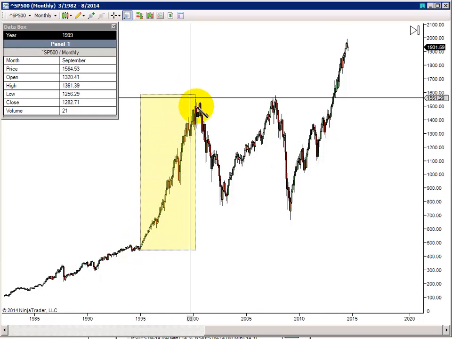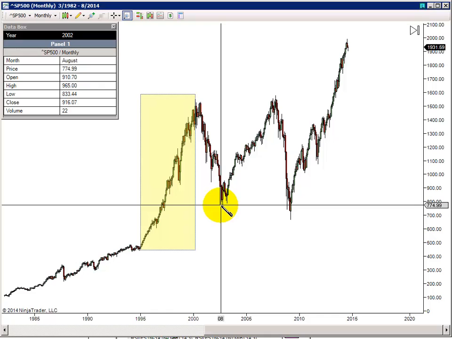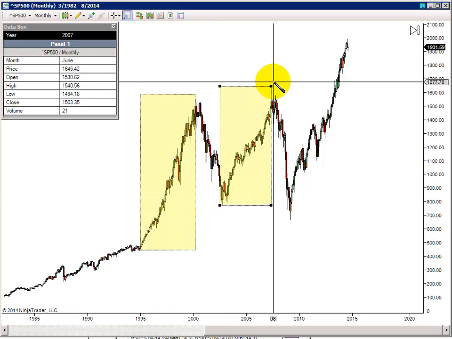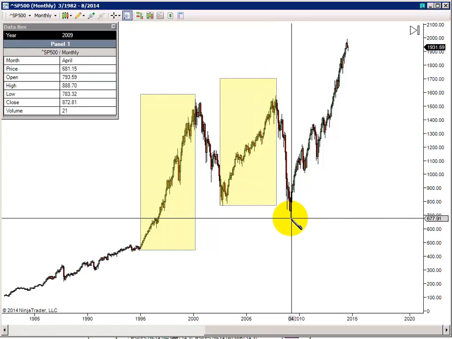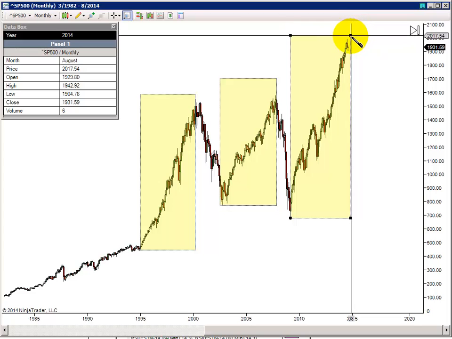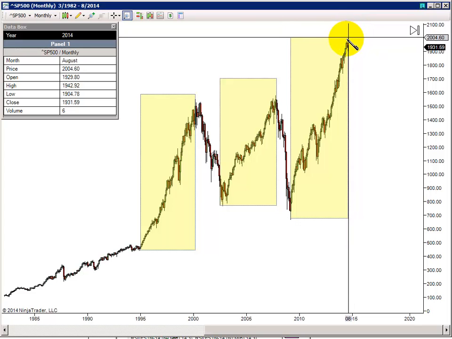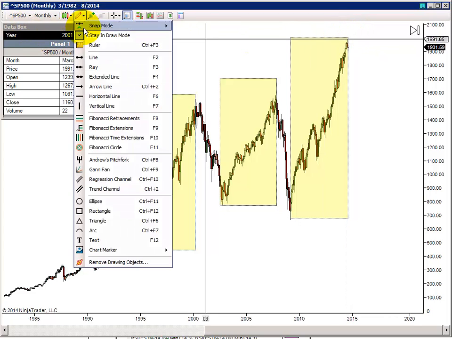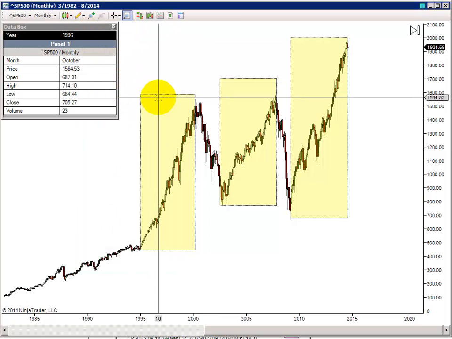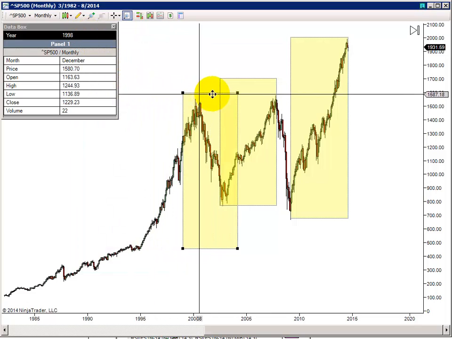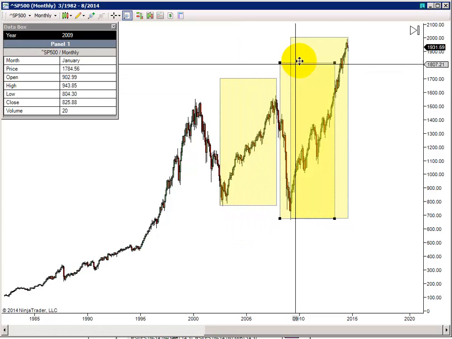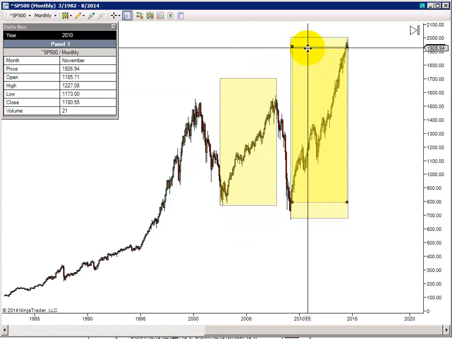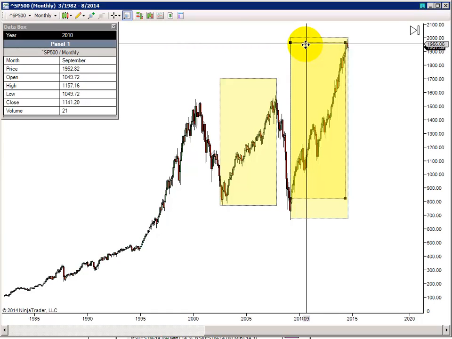If we take this swing, this relationship, and this relationship, these swings up are roughly around the same length. These are 5-year swings. You see this? We're talking within a month.